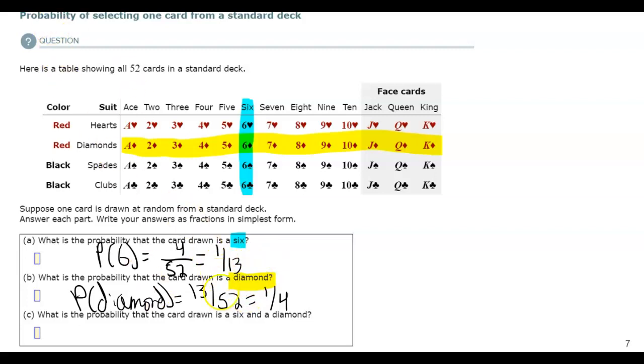And this says, what is the probability that a card is a 6 and a diamond? It actually naturally made it green. That makes me so happy. So we see there's only one of those. So out of 52, there's one of them.